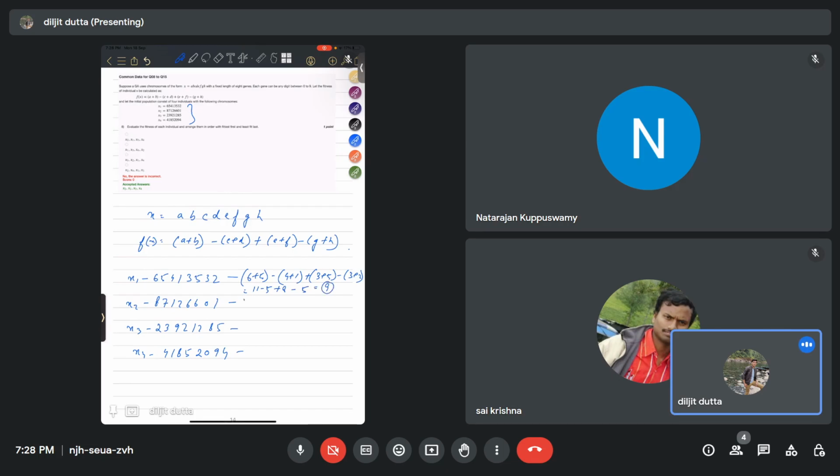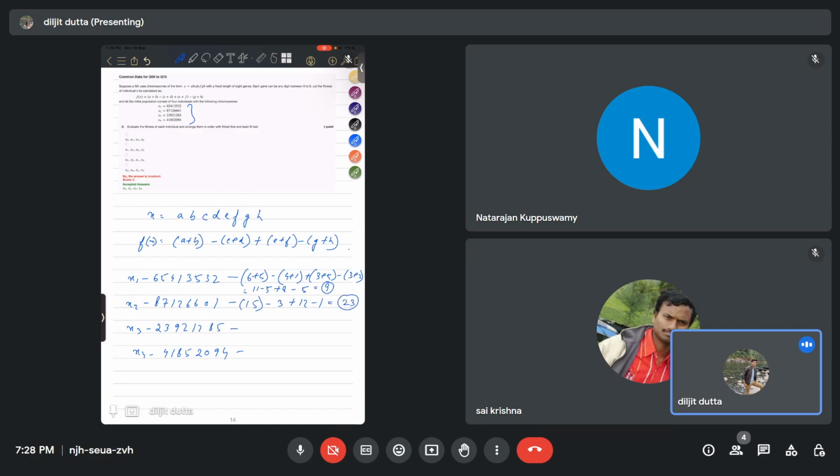Same for x2: 8 plus 7 is 15, minus 3 plus 12 minus 1 equals 27 minus 4, which is 23.